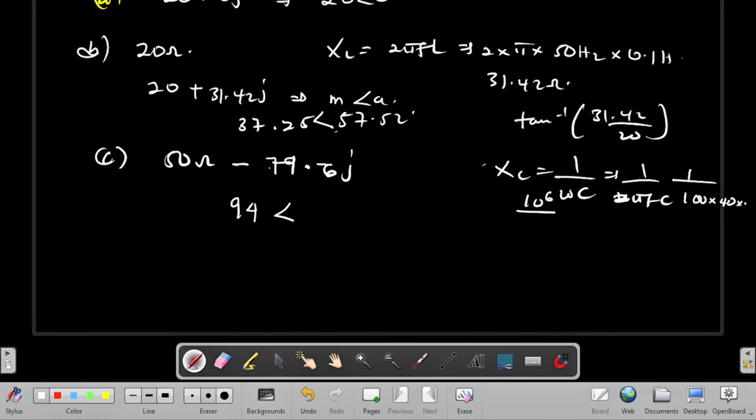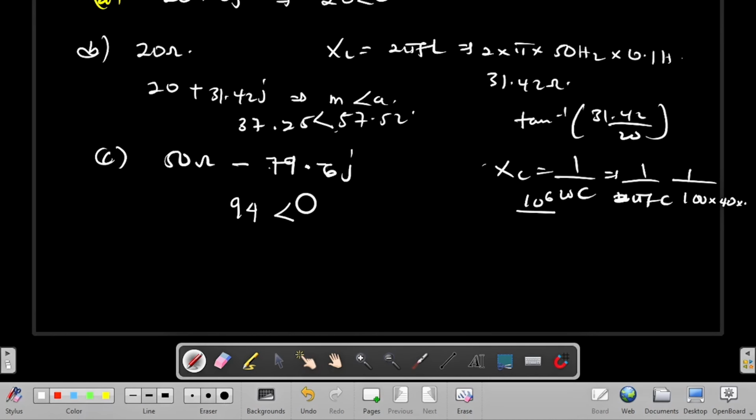So if you have tan inverse of 79.6 over 50, and the 79.6 is negative, so that's negative 57.87.